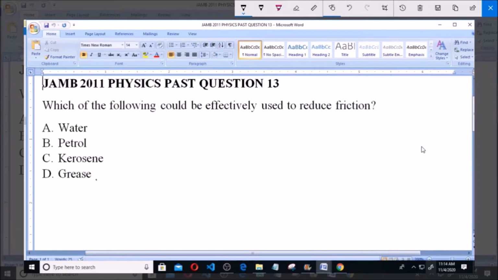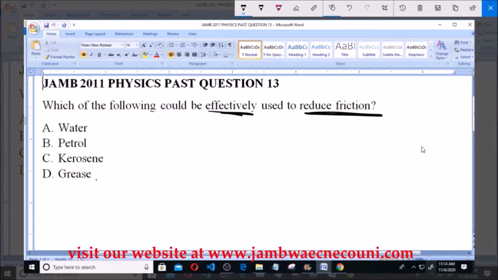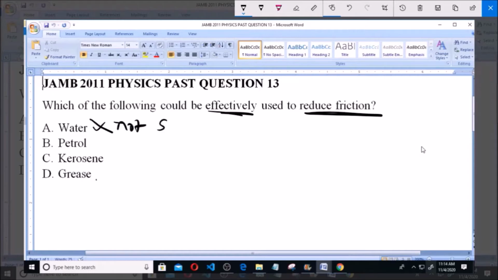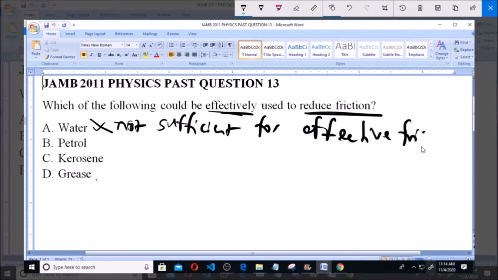So we're asked for which of these 4 substances could be effectively used to reduce friction. Now, water actually has some lubricating properties. However, it is not sufficient for effective friction reduction.